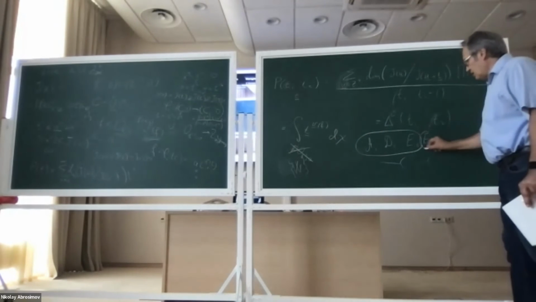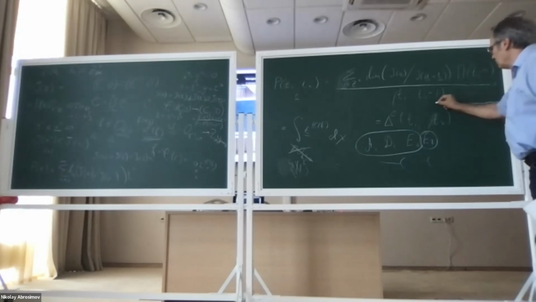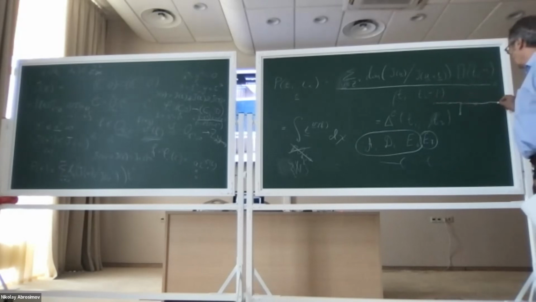But for E7, there is a similar statement like for E8. Namely, there are two components. One should take either curves which don't intersect this component or curves which don't intersect that component.